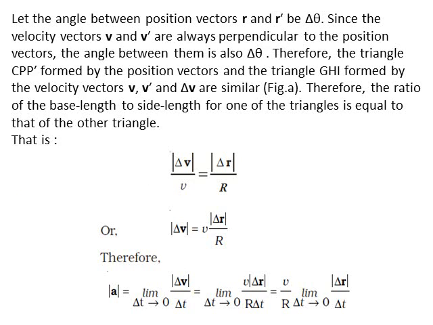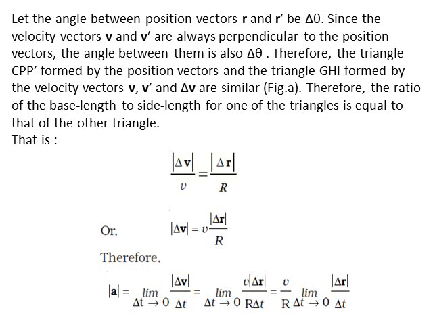The angle between position vectors r and r dash be delta theta. As the velocity vectors V and V dash are always perpendicular to the position vectors and the angle between them is also delta theta, the triangle CPP dash formed by the position vectors and the triangle formed by the velocity vectors are similar.